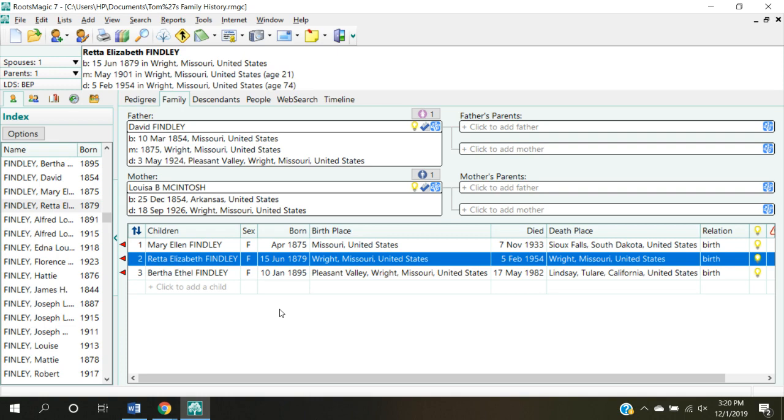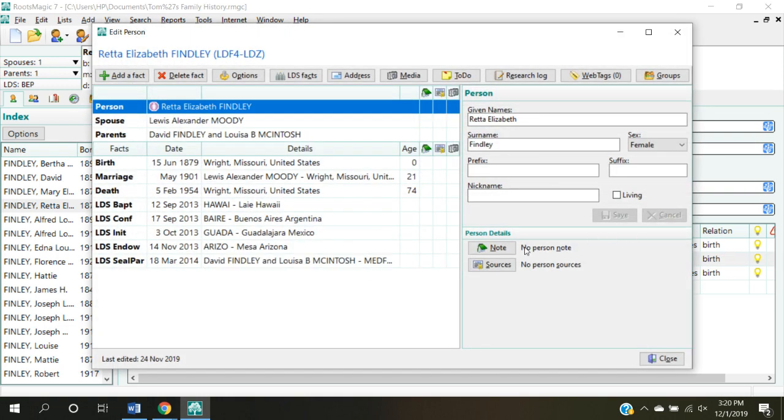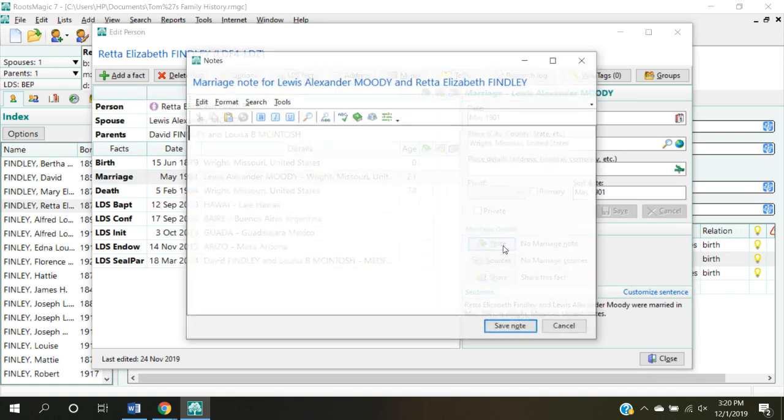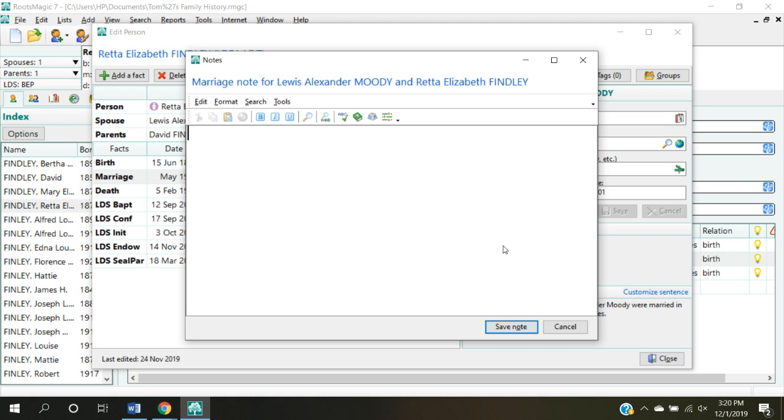Now, if you would like, you can always put a note here under the marriage and type in "marriage date and place deduced from civil records."